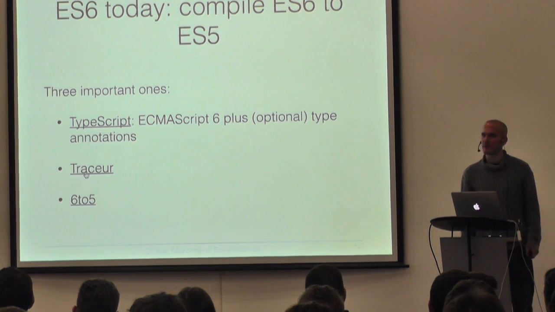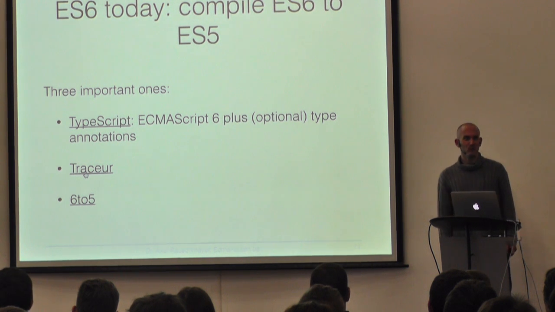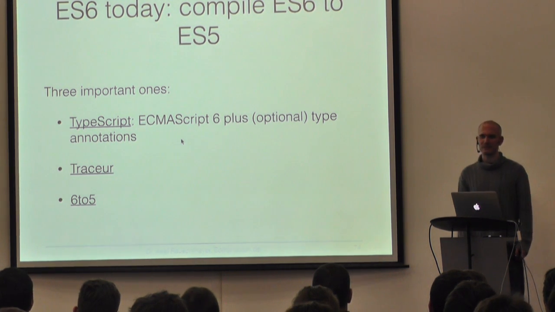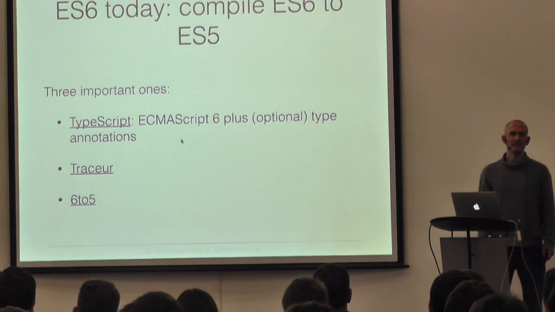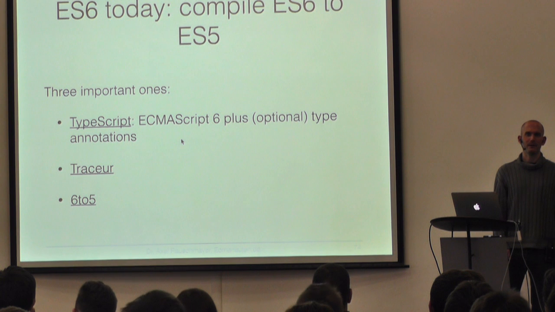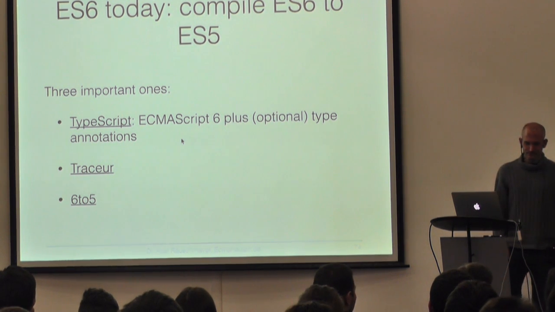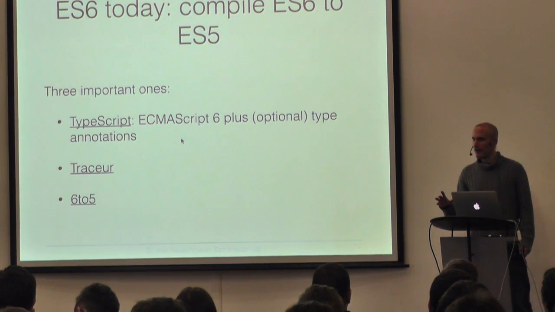And the next version of Angular, Angular 2, is based on Traceur. So Google is really pushing Traceur as well. And TypeScript is cool because it's roughly ECMAScript 6 plus optional type annotations. And that makes people in the enterprise very happy. This kind of optional typing is a middle ground.